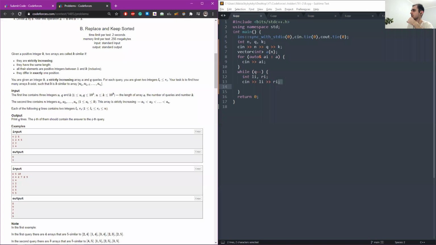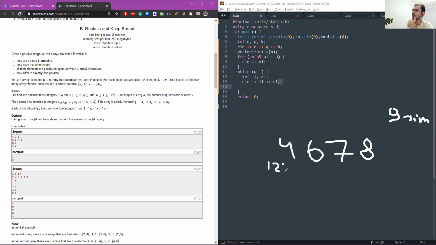Suppose that we have an array which looks something like 4, 6, 7, 8, and we're interested in 9-similar. So what we can change in this array: this element can go from 1 to 3, then this can get to 5, and then this can get to 9.